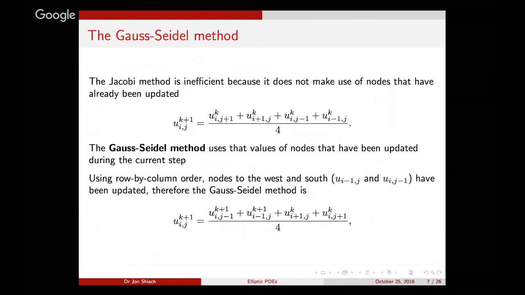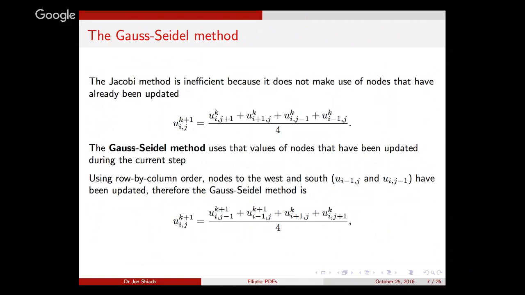So for example, if we're calculating ij, and we're going from left to right, bottom to top, the node ij minus 1 we've already updated for the current iteration. And this node here, i minus 1 j, we've already calculated for the current iteration. Now, in the Jacobi method, we're still using their old values.